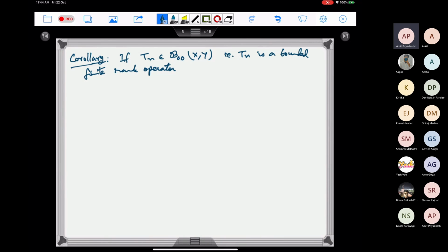So if Tn is a bounded finite rank operator for n in N and T belongs to B(X,Y), actually T is bounded, that will follow if I just assume that norm of Tn minus T goes to 0, but still I'm writing that T belongs to B(X,Y), such that norm of Tn minus T goes to 0, then T is compact.